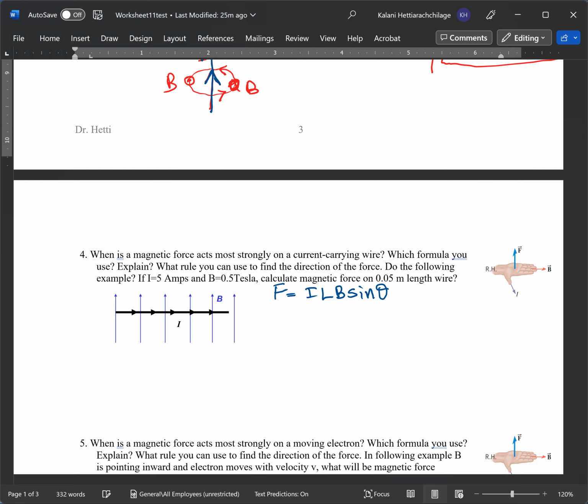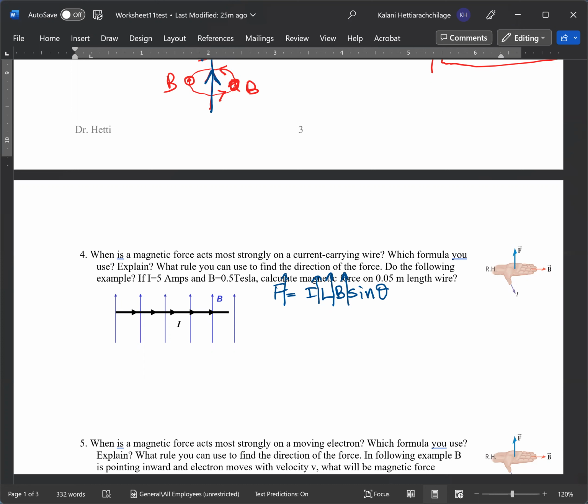So as you can see, the magnetic force acts most strongly when I is greater, F is greater; when length is greater, F is greater; when B is greater, F is greater.